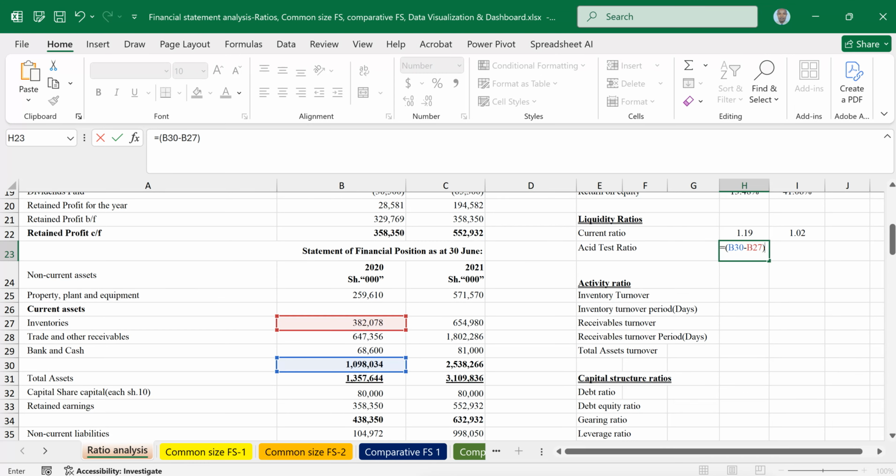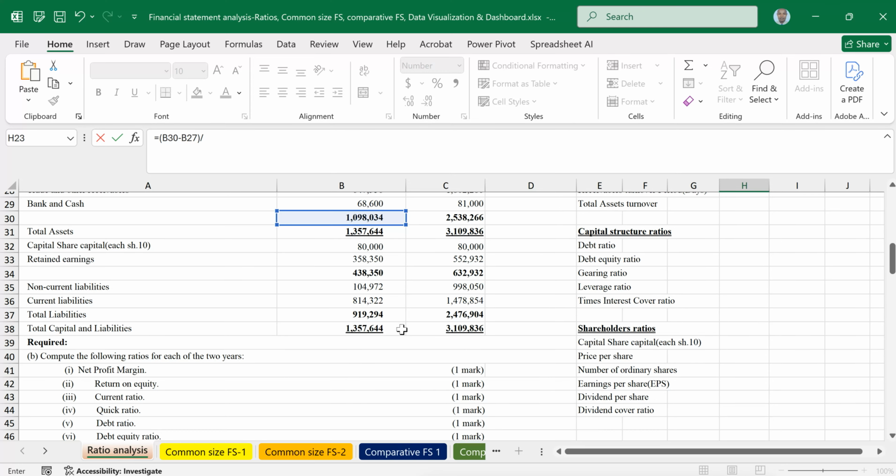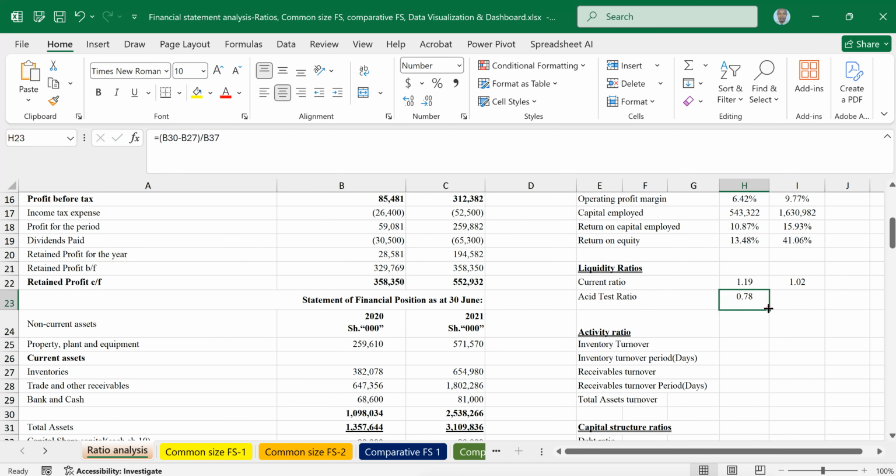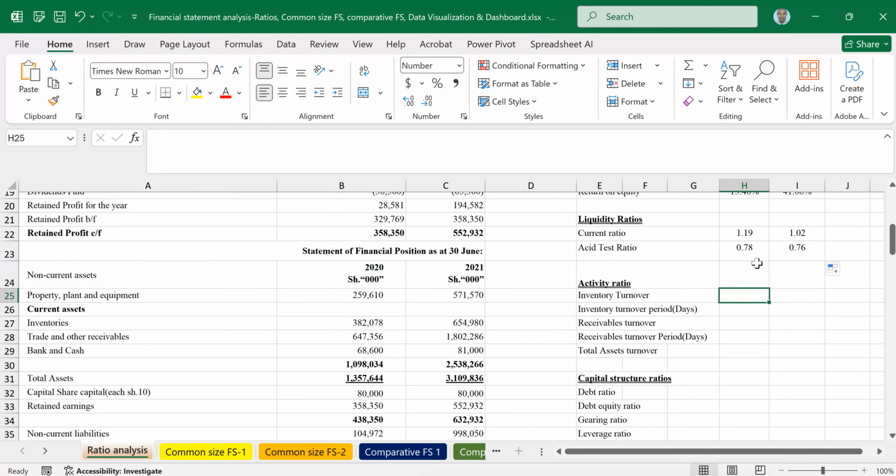Then you divide with the current liabilities, which are 919. So open bracket, then the current assets minus the inventory, close bracket, then divide that with the current liabilities. So that gives you 0.78.